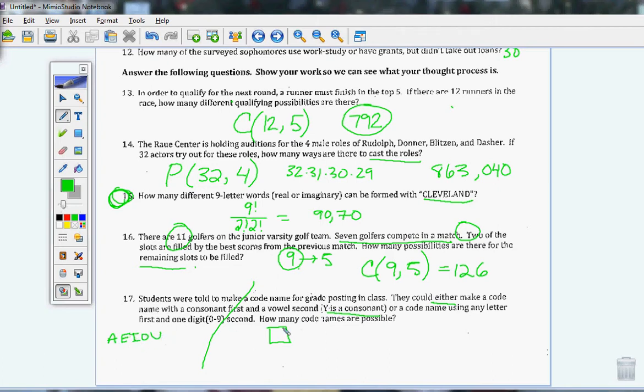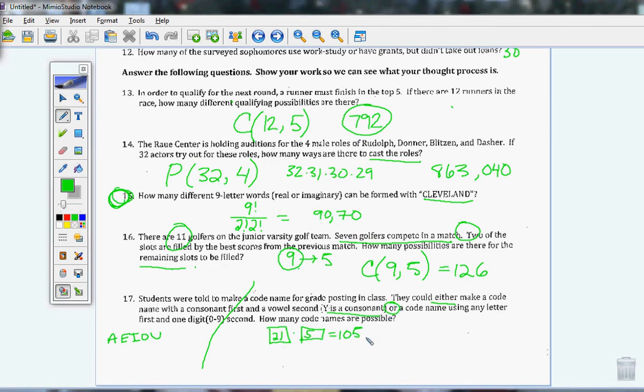Y is considered a consonant here, so we have 21 choices for that first one. Consonant first, vowel second, so we're going to multiply this by the vowels. The vowels are A, E, I, O, U, which is 5. So what do we got? We got 105 possibilities there.